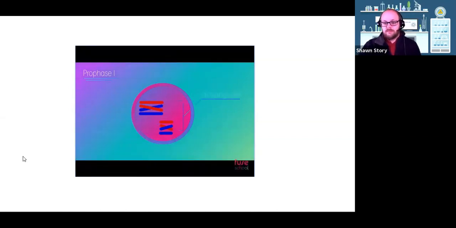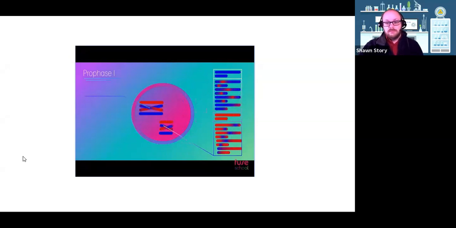This is called crossing over. During this brief period, the two chromatids swap certain sections of DNA. This is called recombination. The sections that they trade correspond to the same location, so that each chromatid retains the correct number of genes.